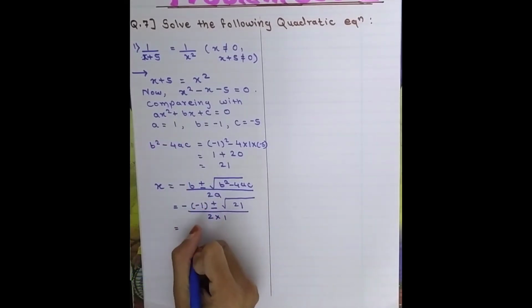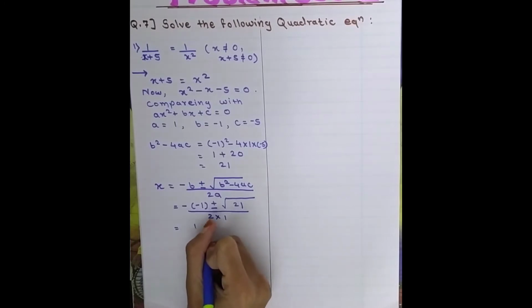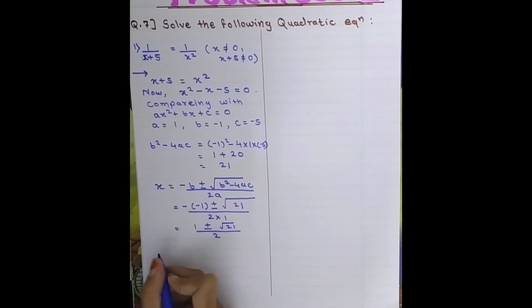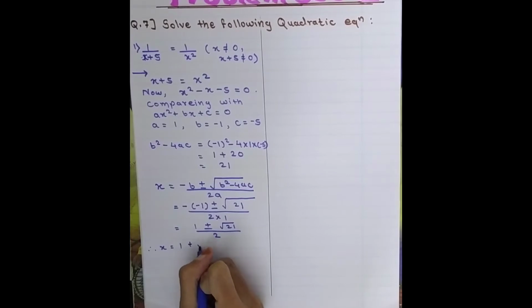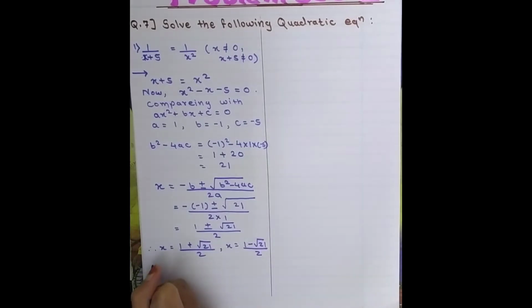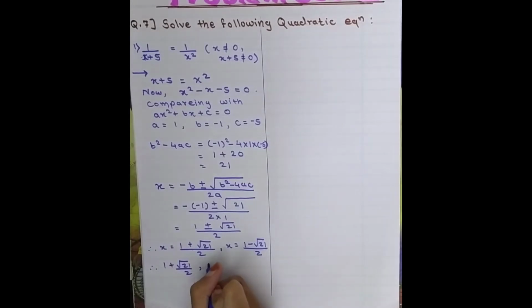So minus minus plus, so 1 plus or minus root 21 upon 2. Therefore x is equal to 1 plus root 21 upon 2 and x is equal to 1 minus root 21 upon 2. Therefore 1 plus root 21 upon 2 and 1 minus root 21 upon 2 are the roots of the given quadratic equation.